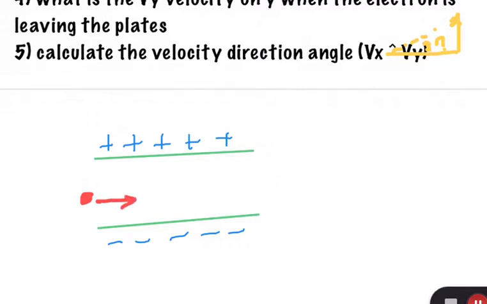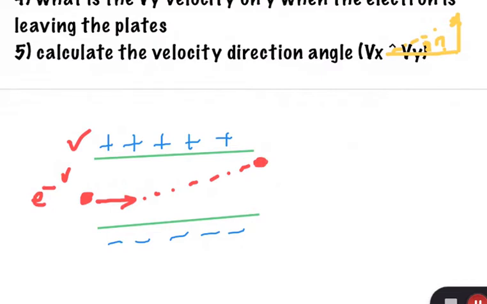Since an electron has a negative charge, there is a force between the positive and negative plates. There is an attraction. The electron is moving up, so let's draw it in this direction, leaving on this side.